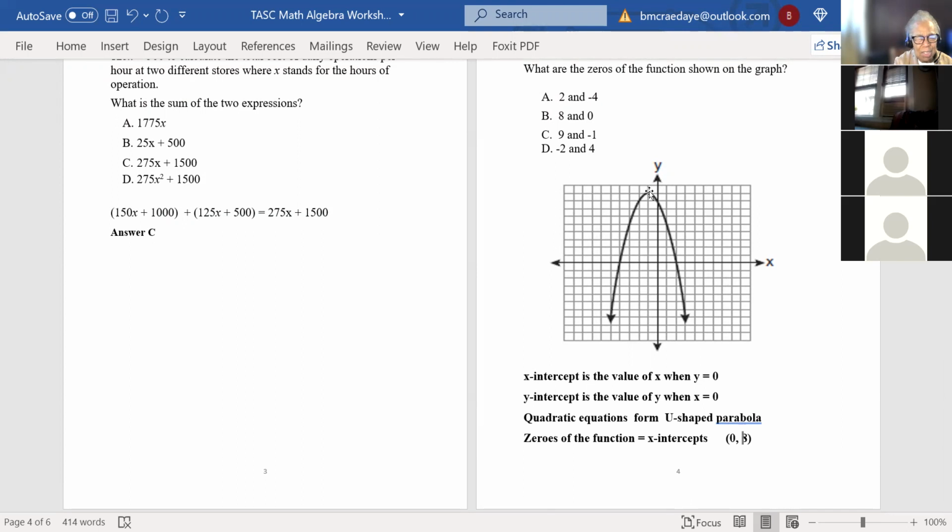I'm sorry, this is zeros of the function, but a 9 and a 1. That means you'd have to have what? You need 2 points. So this is just 1 point. But that's called an apex. That's 9 on the y and a minus 1 on the x. But that's not the zeros. That's what we call the apex.